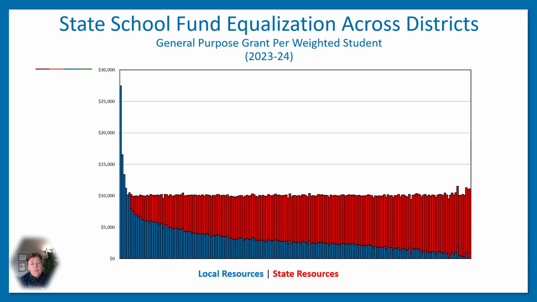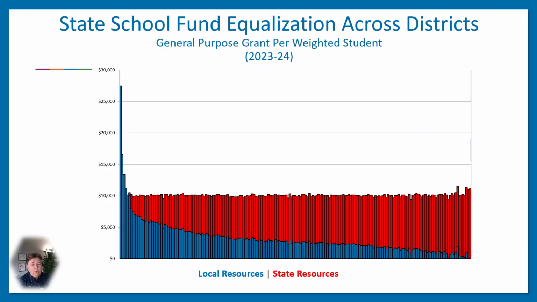Now you might notice that there are some small deviations from that per ADMW equalization factor, and that is part of the formula. That would be due to the teacher experience factor. You might also notice that there are a few bars that are all blue and that they are taller than the rest of the bars.